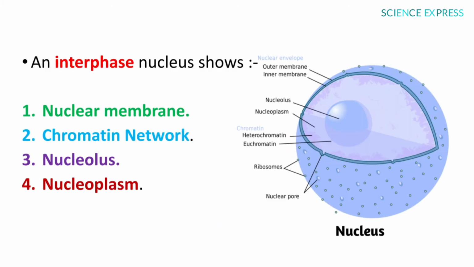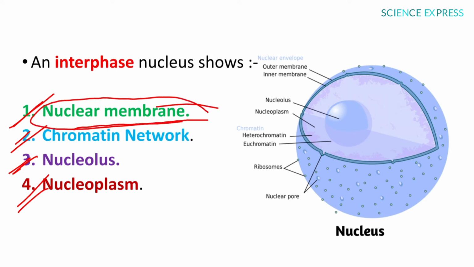Now discuss about the different parts of the nucleus. First one is nuclear membrane, second one is chromatin network or chromatin fiber, next one nucleolus, and another one is nucleoplasm. In the nuclear membrane there are pores, or nucleopores, which transport several things when molecules try to enter into the nucleus and go out from the nucleus.